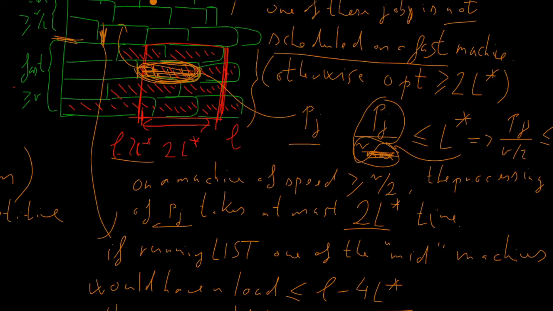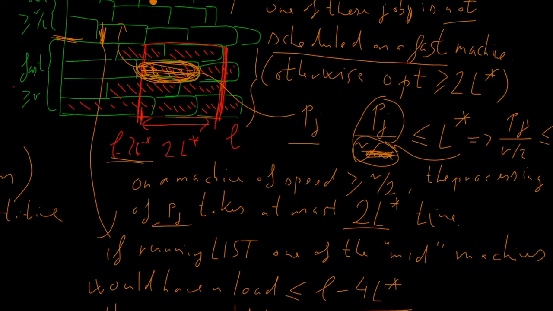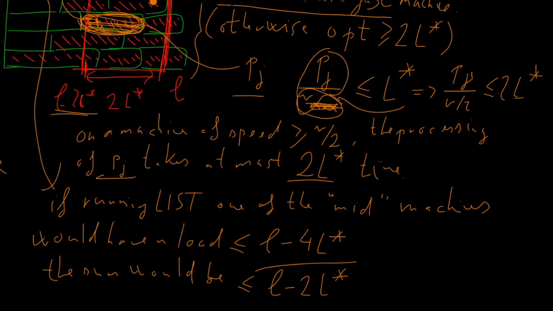rectangle, that the locally optimal cost of scheduling this job according to the list algorithm would be larger than L minus 2 L star, which means that this case cannot happen.